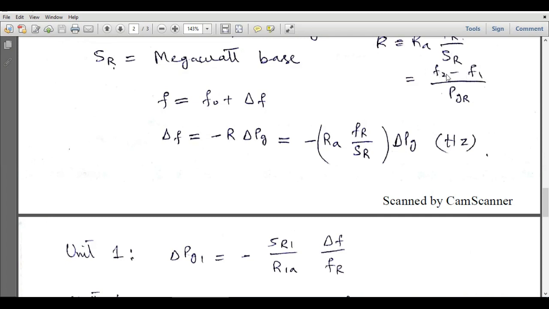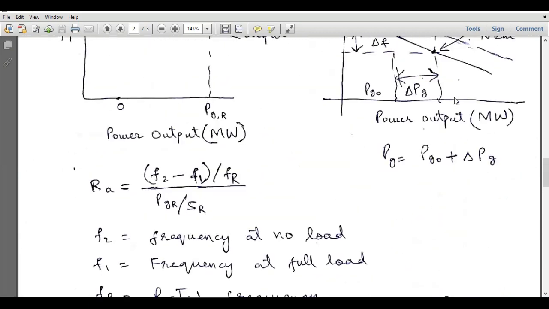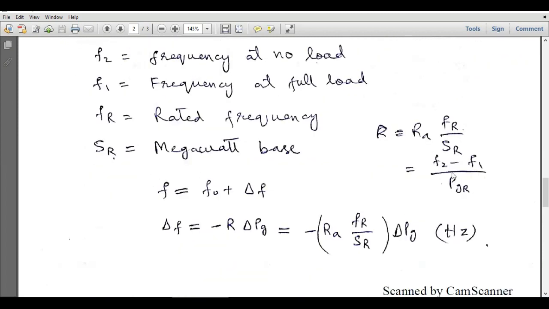And from this equation, F1 minus F2 is equal to minus R multiplied by PGR. And PGR is actually equal to delta PG, right? Because delta PG is equal to PGR minus 0. So delta PG is equal to PGR. So delta F is equal to minus R times delta PG, right? So that can be written as minus R is equal to RAFR over SR multiplied by delta PG.